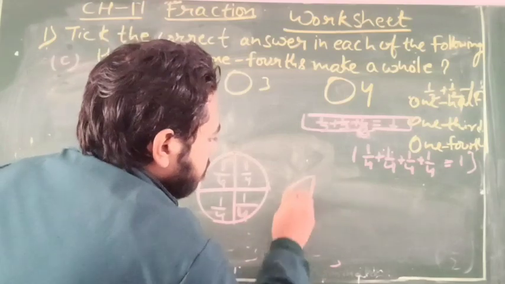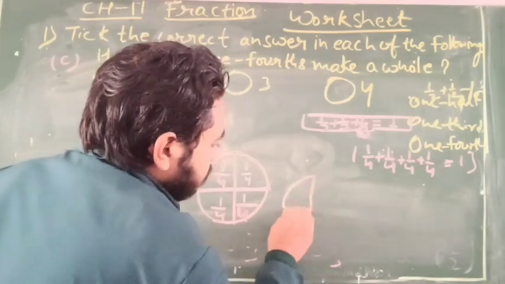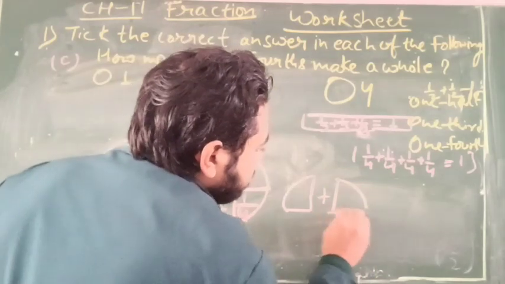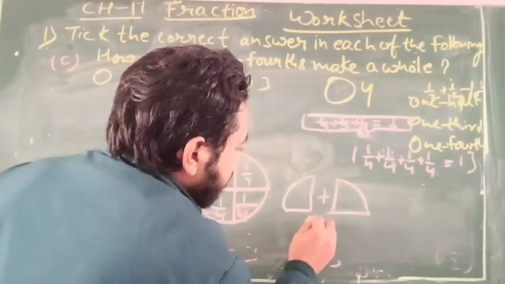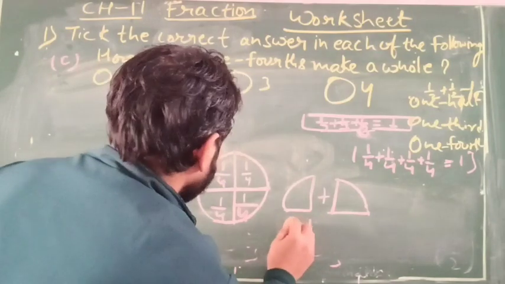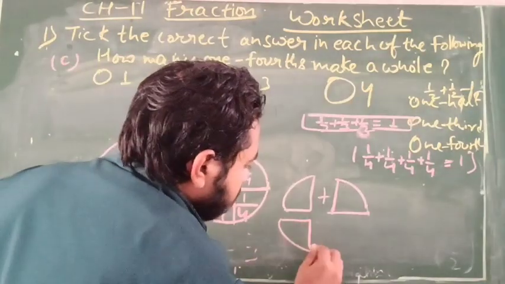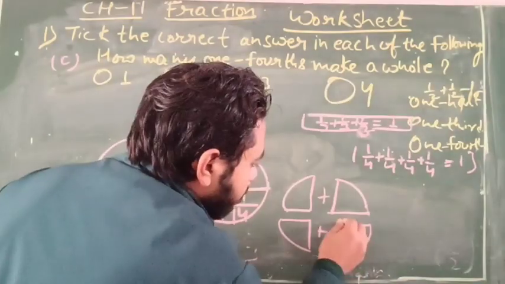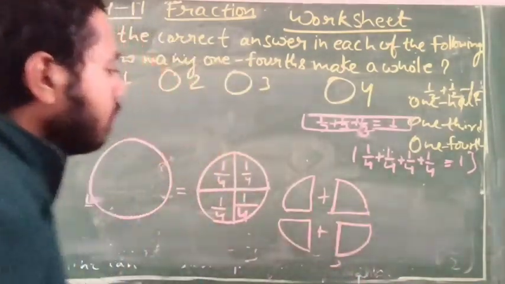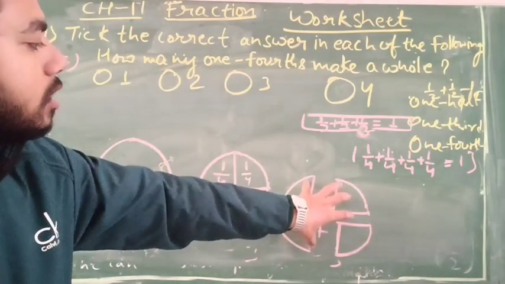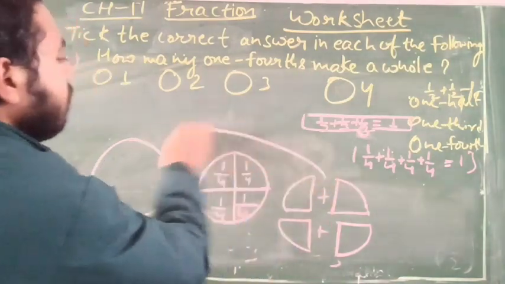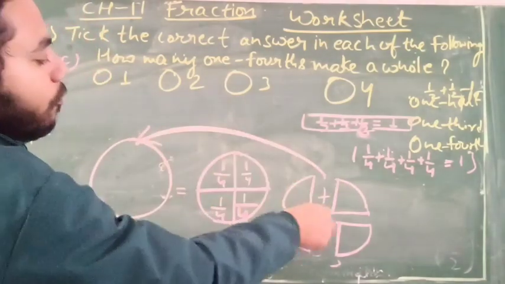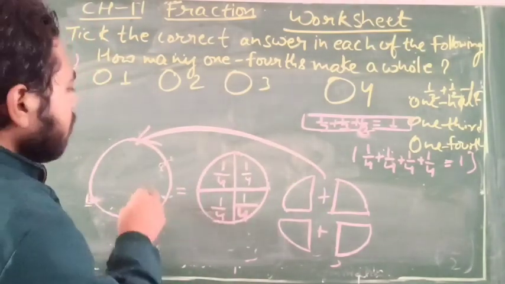This is the first part, that is the second part, that is the third part, and that is the fourth part. If we add all these four parts, we get our original circle.